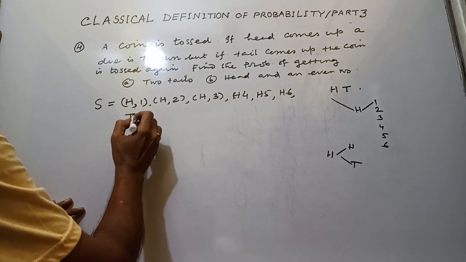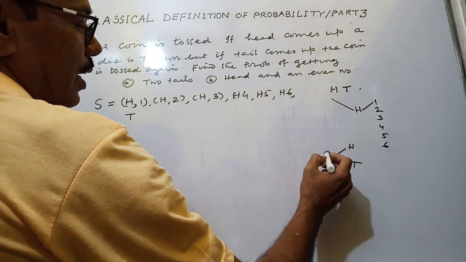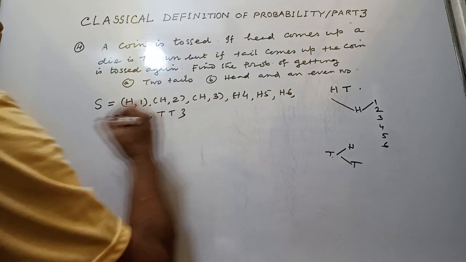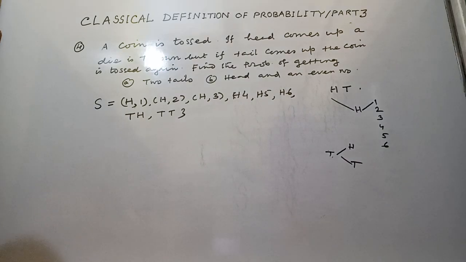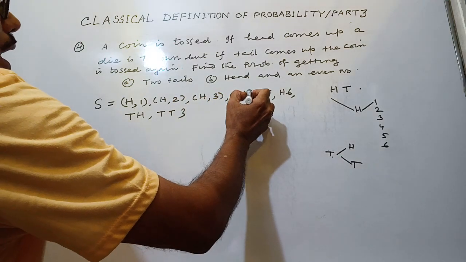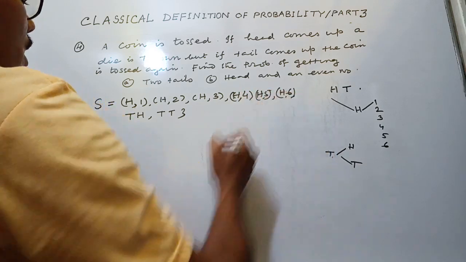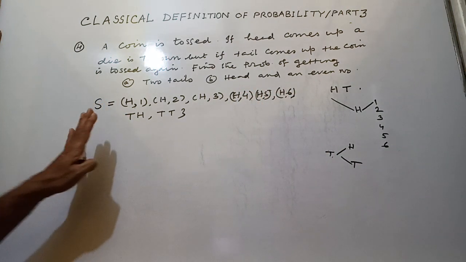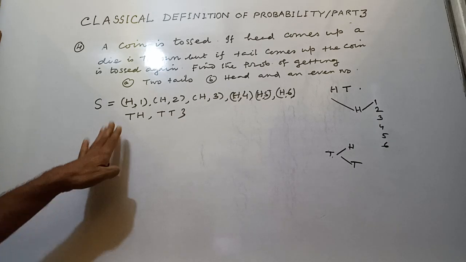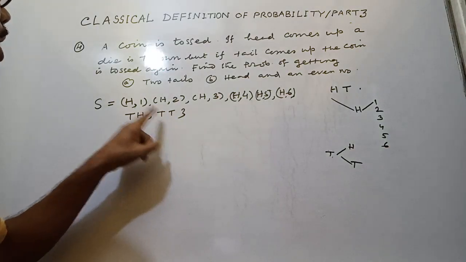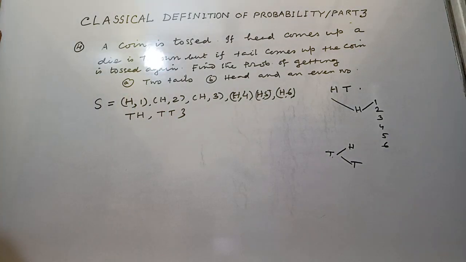So you are getting TH and TT. These are the possible outcomes. So this is the sample space. The sample space has 8 points, 8 outcomes.